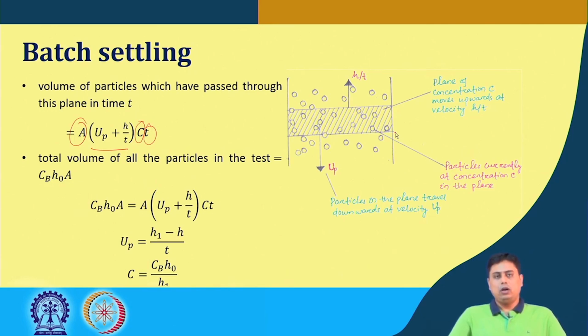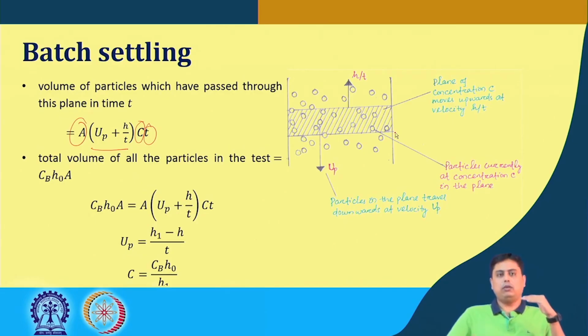Now, the interface between the clear liquid and the suspension is moving downward, which means this plane of concentration C has an interface with the clear liquid, so all the particles in the suspension have crossed this interface, and that is why there is clear liquid at the top.